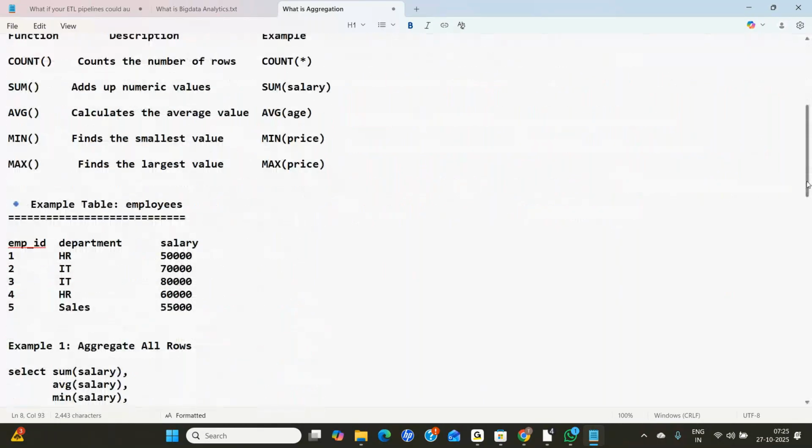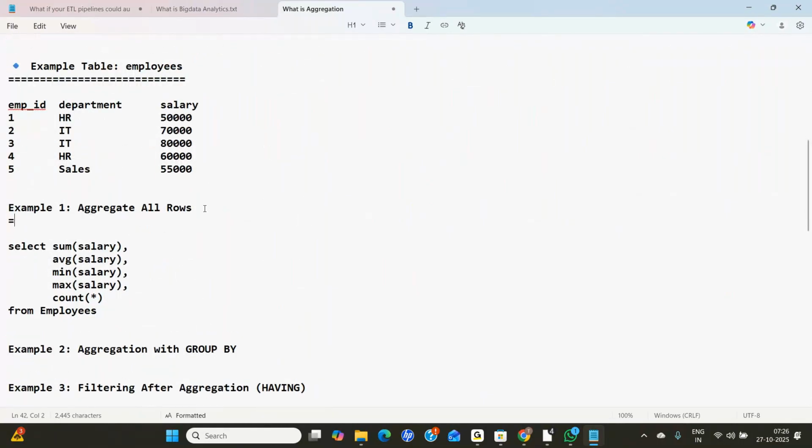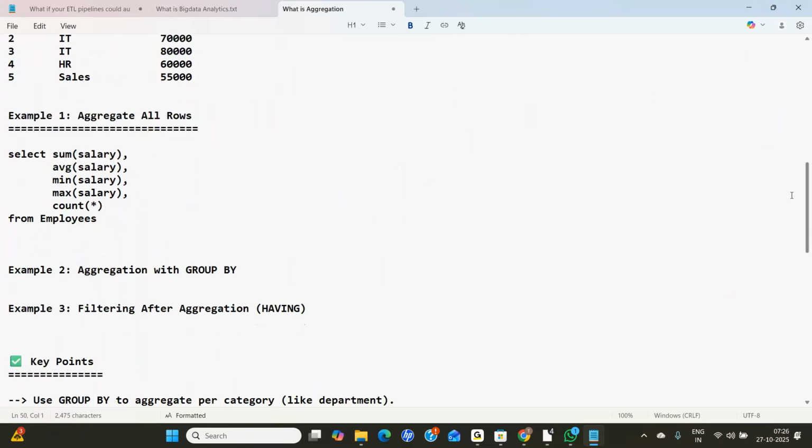But in this example, our first exercise, aggregate all rows, there is no category of rows and no group of rows. It is a simple query.